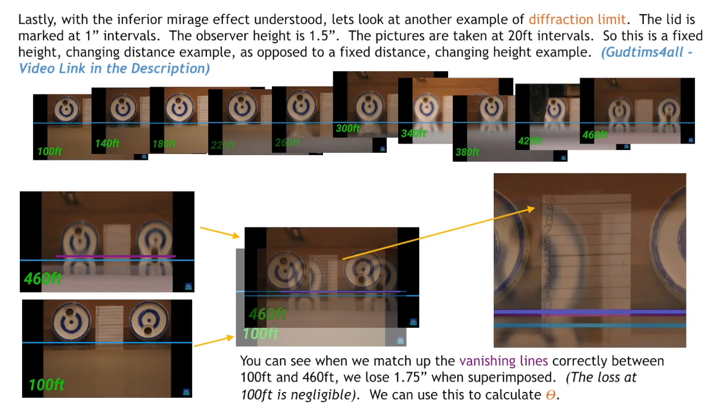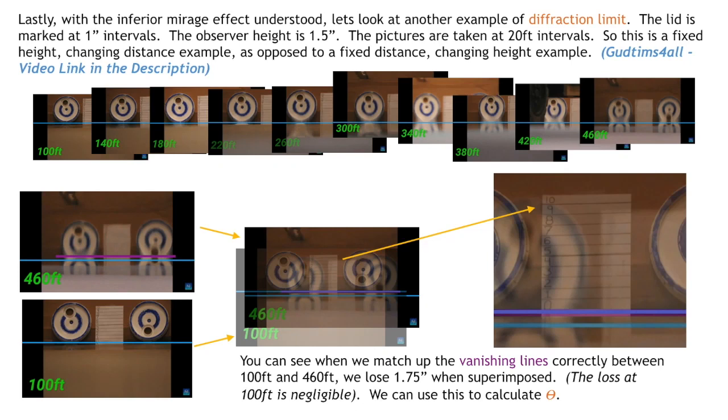So taking still shots of the video capture here, or the picture capture, we have 100 feet, 140 feet, 180 feet, and so on all the way to 460 feet. And you can pull these objects out and compare them to one another between the 460 feet and 100 feet, which there is very little to no angular resolution loss at 100 feet.